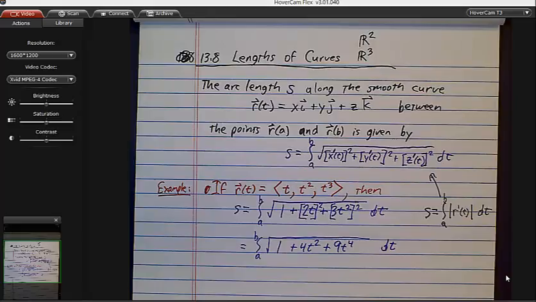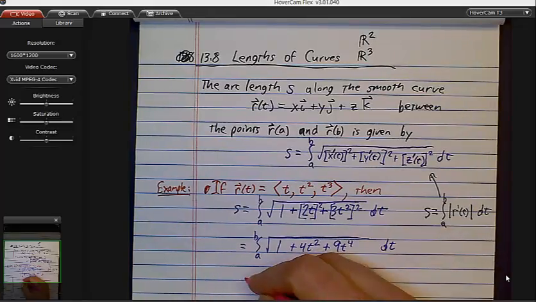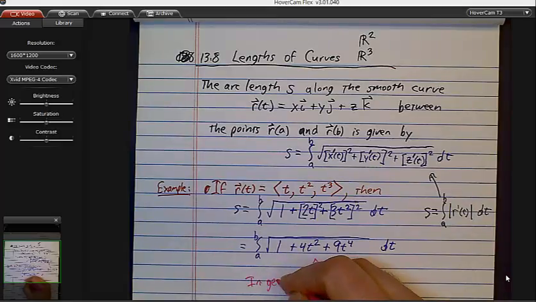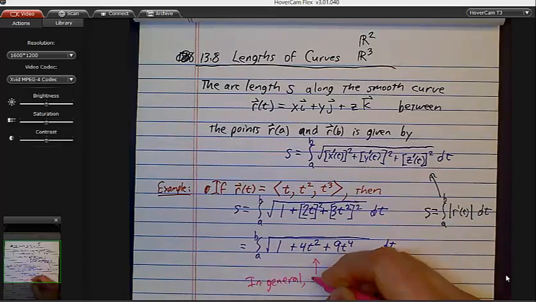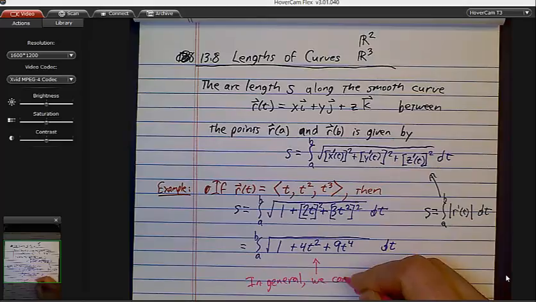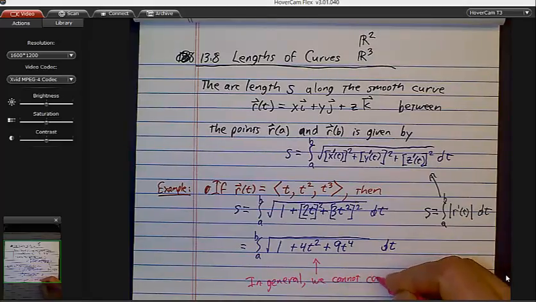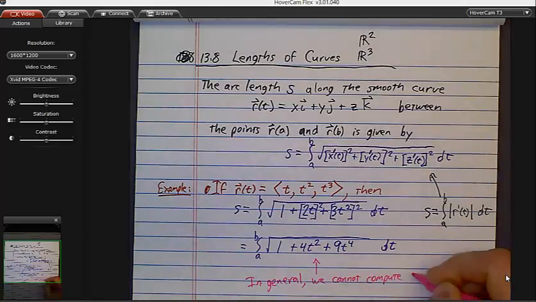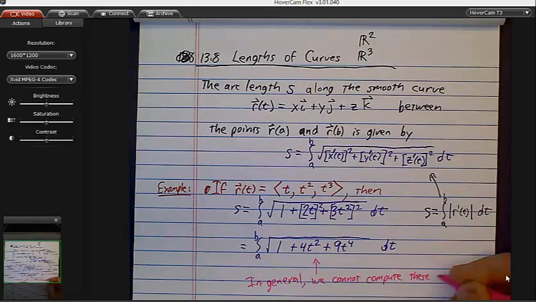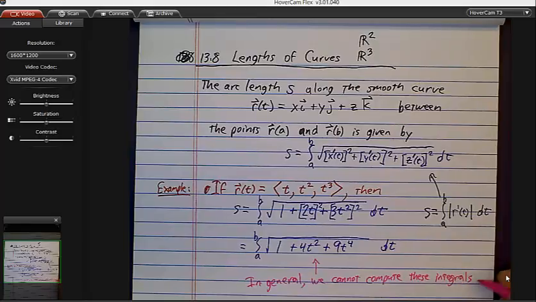But I'll also say that in general, we cannot compute these integrals. Okay, that's great. So what do you do? Well, if you can't compute them, can we approximate them?